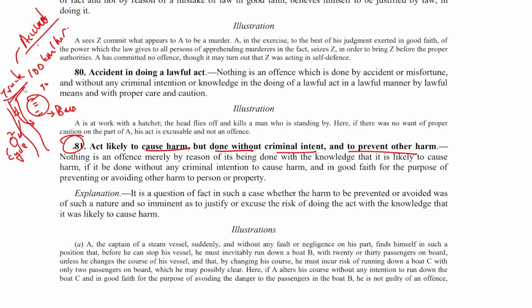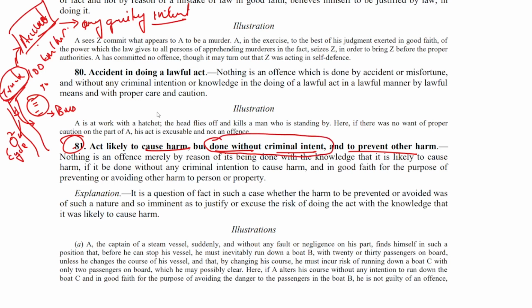So if the truck driver, without any guilty intention or mind, and it is an important requisite to remember that there shouldn't be any guilty intention, see, it has been written, done without criminal intent, and he drives in good faith, but in order to save the majority of the people, the truck runs over the passengers of the cycle.